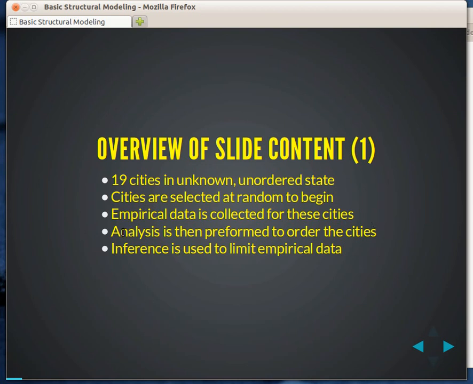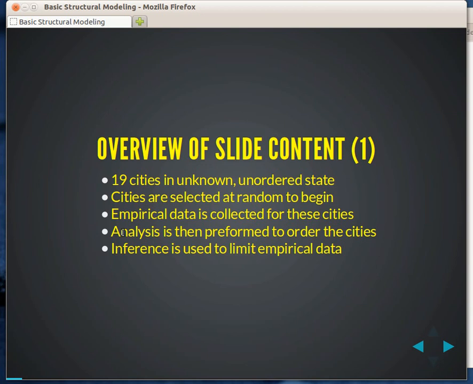Then you perform analysis to order the cities based on the empirical data that has been collected. Then we also use inference on the ordered data to infer further answers about the order of the cities.